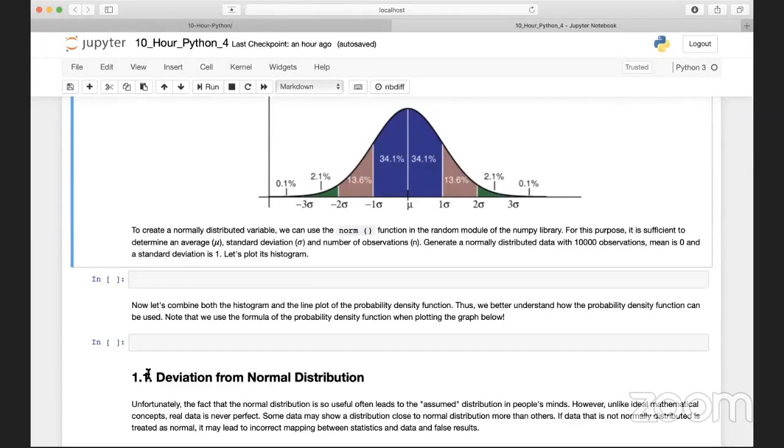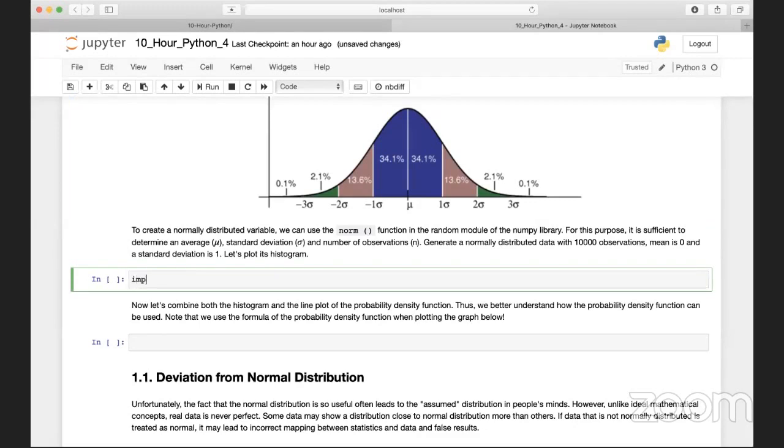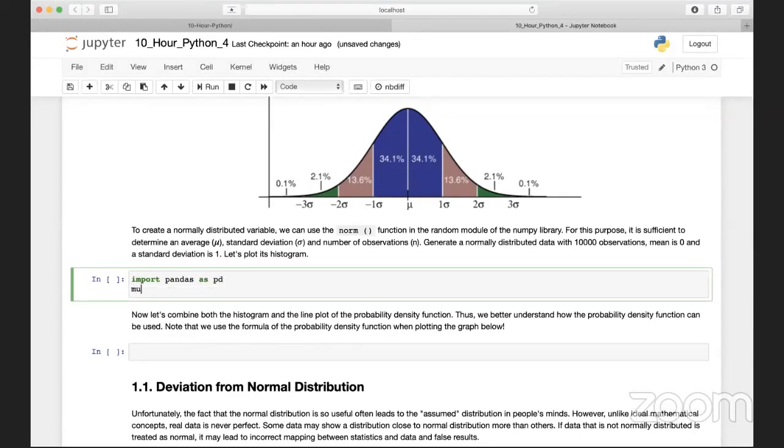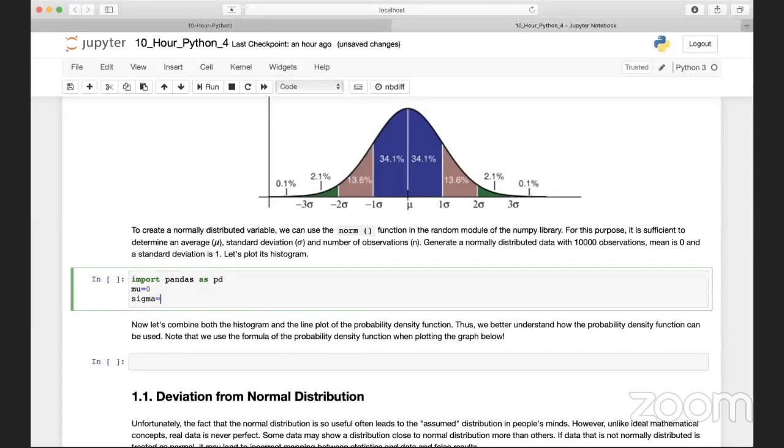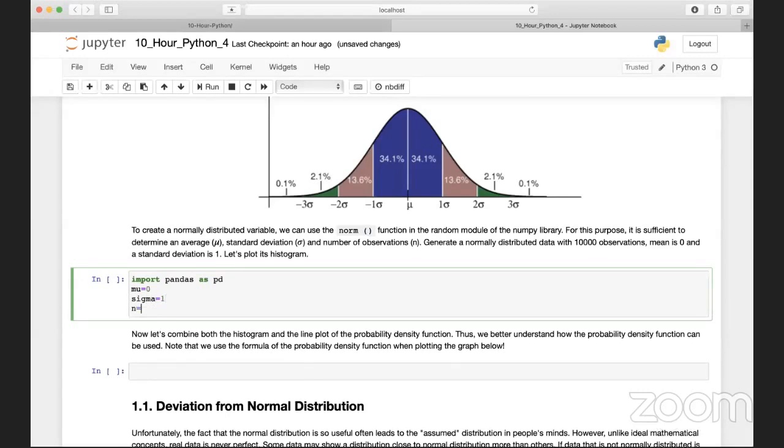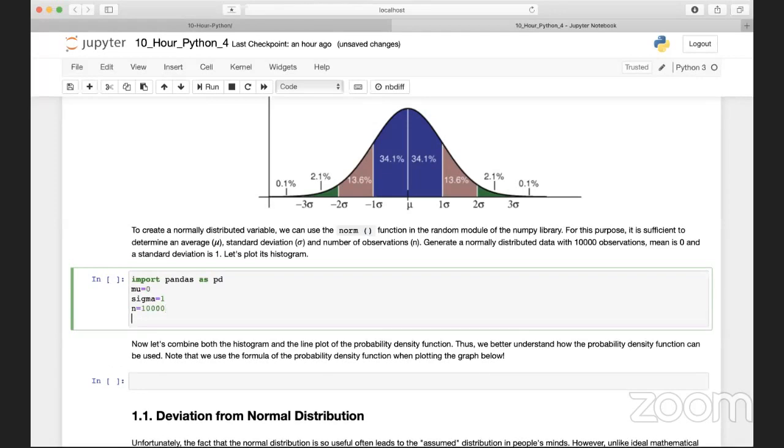with another example. I will use the histogram here. Let me import the pandas first. Okay, mu is equal to 0, sigma is equal to 1, and n is the number of observations that I have, it's 10,000. Okay, plt dot figure, I will try to introduce the size. 8, 4 is fine.